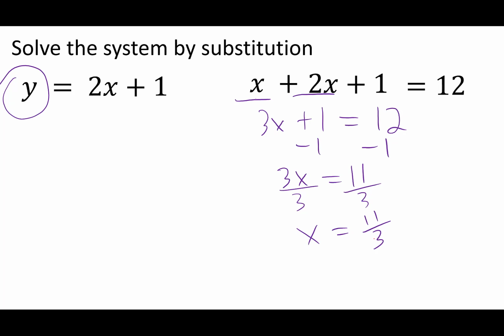Now that I've got x, I'm going to plug back into one of the original. So in this case, I'm going to plug into the one that's already solved for y. So I'm going to do 2 times 11/3 plus 1.